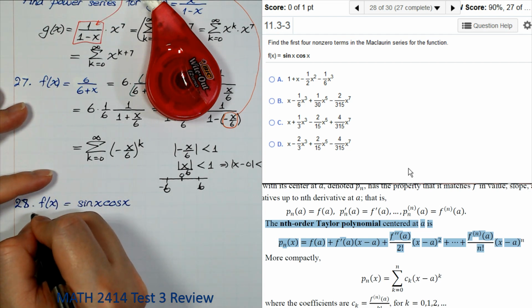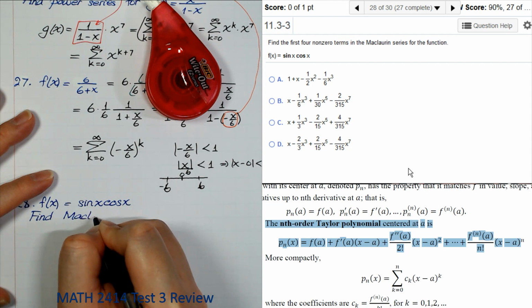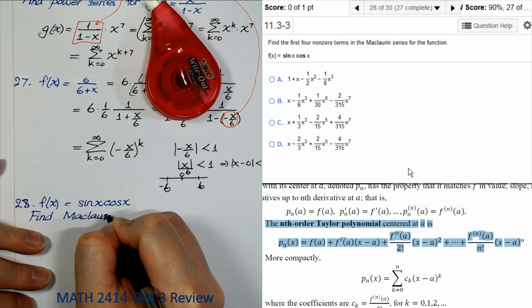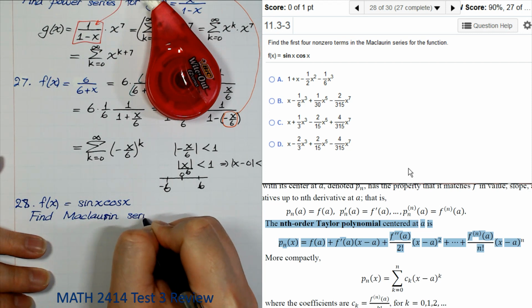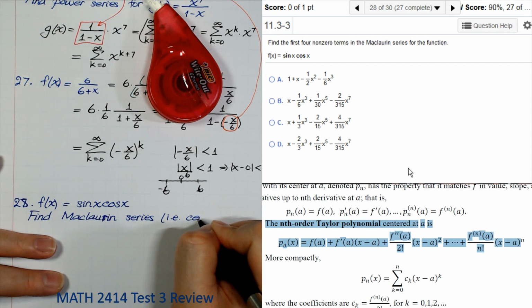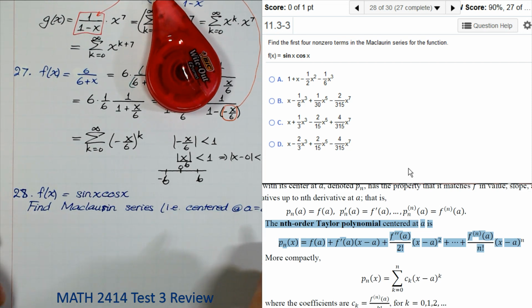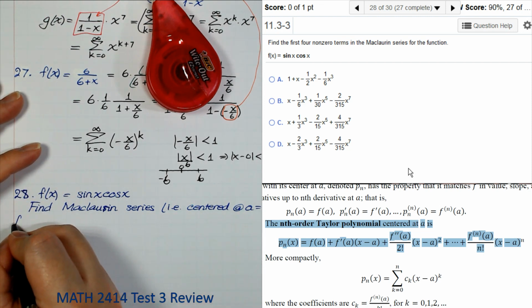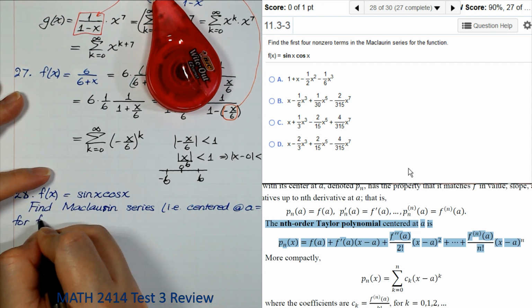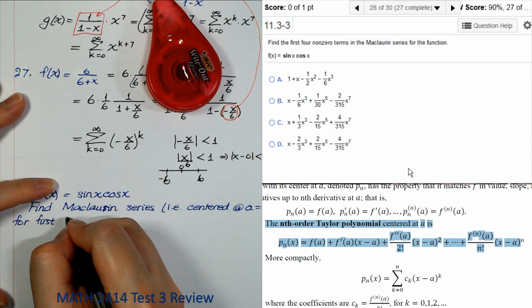So the question asks to find the Maclaurin series. A Maclaurin series is where the center is 0. Find that series for the first four non-zero terms.